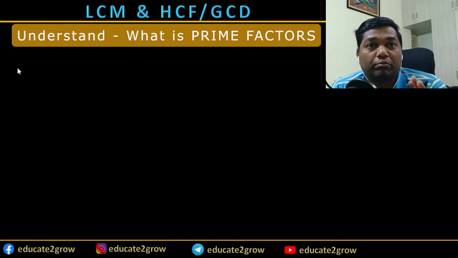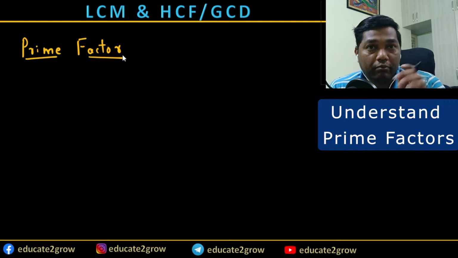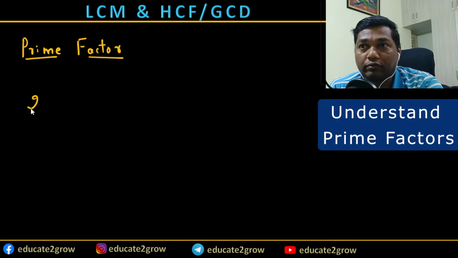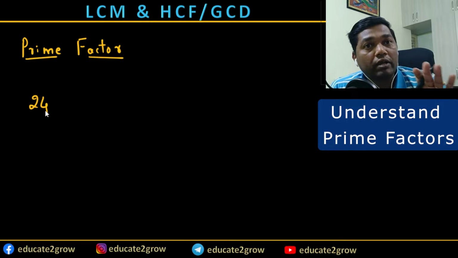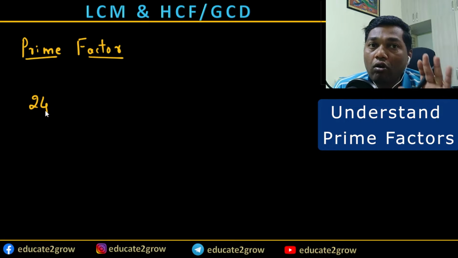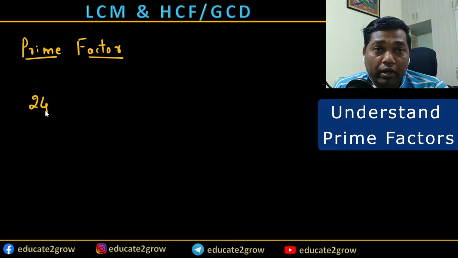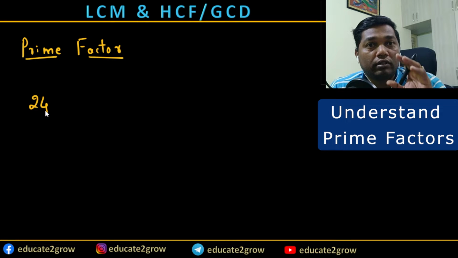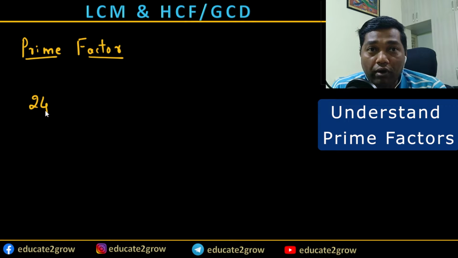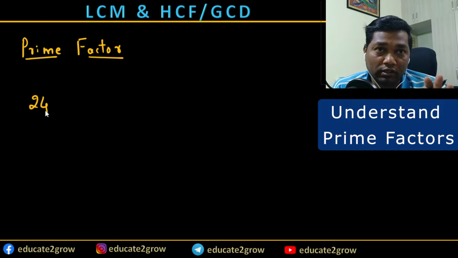Let me explain now the prime factor. So what is a prime factor? Take any number, for example 24. That number is a multiple of different factors. We have to use prime numbers to divide it to get remainder 0.